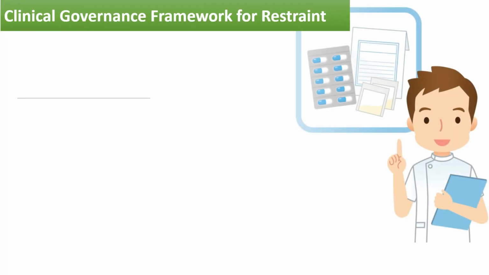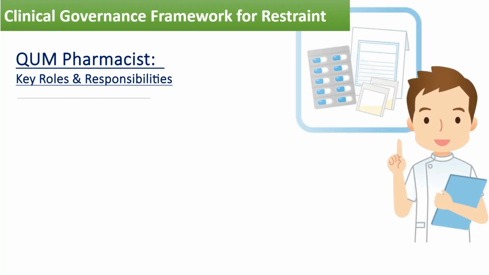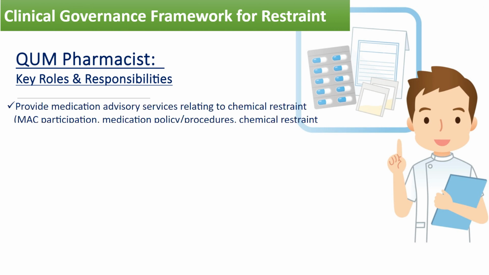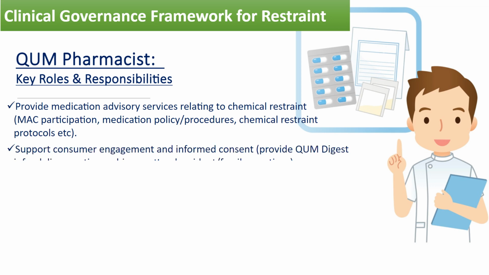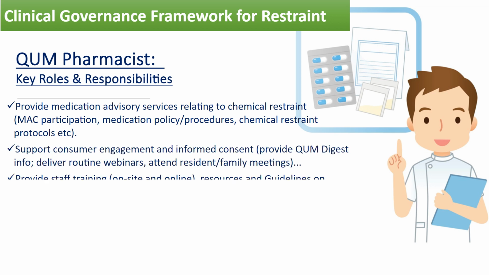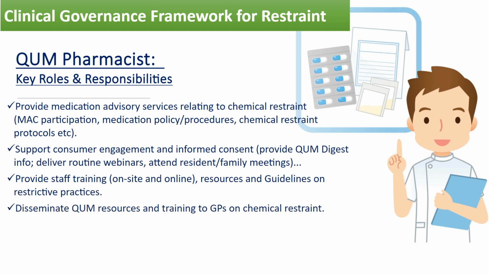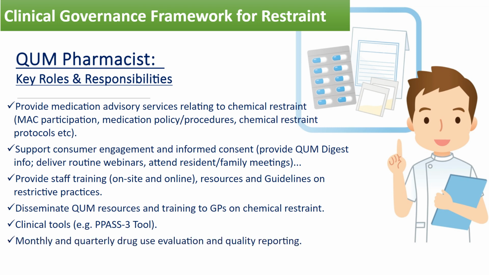QUM pharmacists provide medication advisory services relating to chemical restraints. They support consumer engagement and informed consent. There are QUM digests that are produced, which are handy information sheets on various relevant topics.